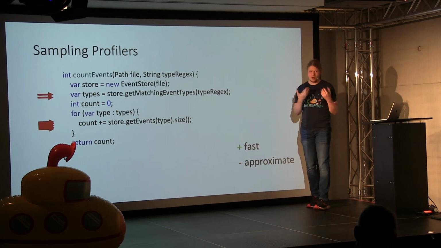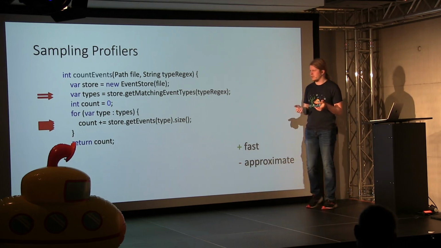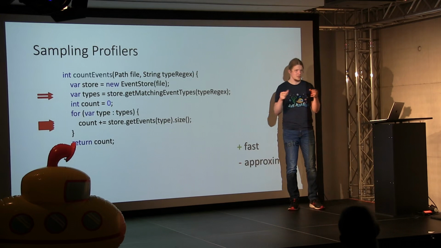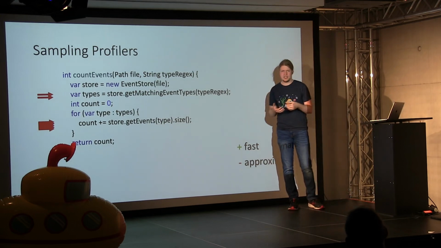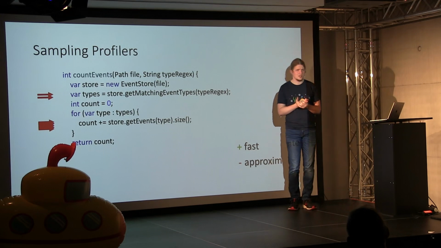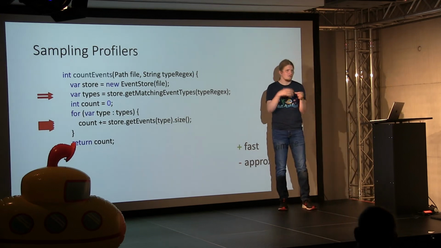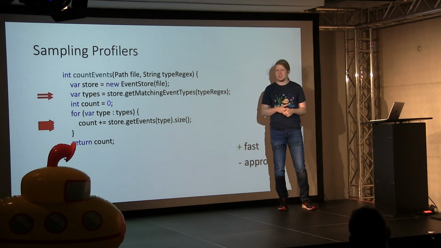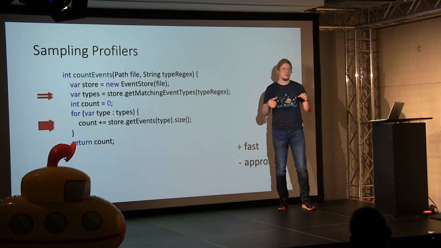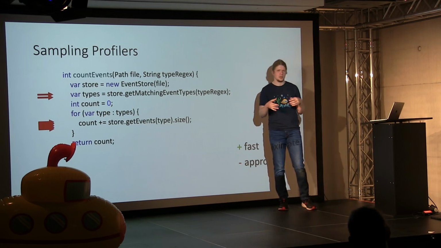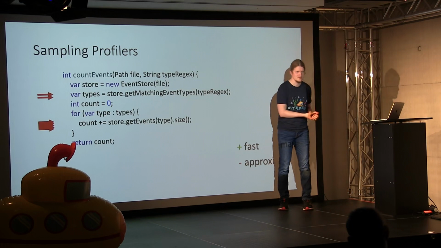But it's only approximate. You only find methods that are executed when you're asking every 10 milliseconds. You only get methods that are executed longer than, or around, 10 milliseconds on average. So we don't see the whole picture, but usually for profiling we only care about the methods that are executed often.